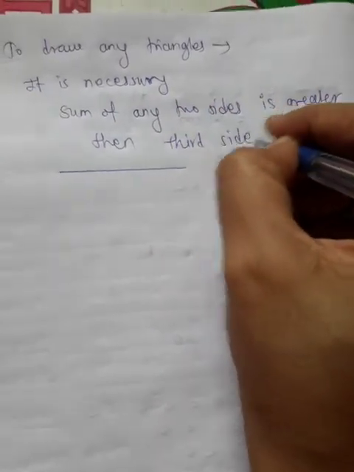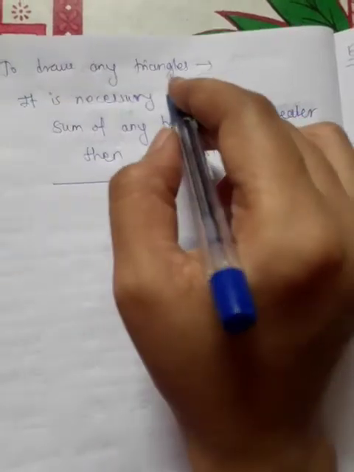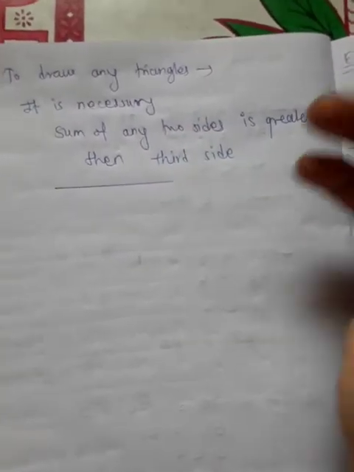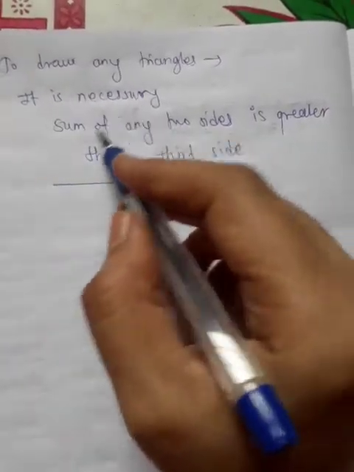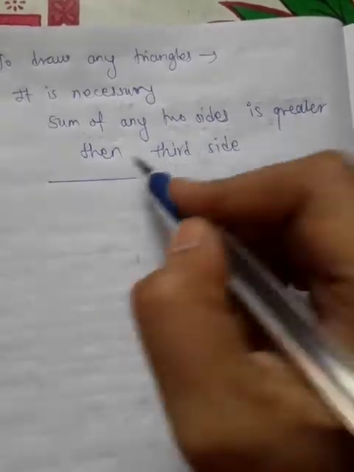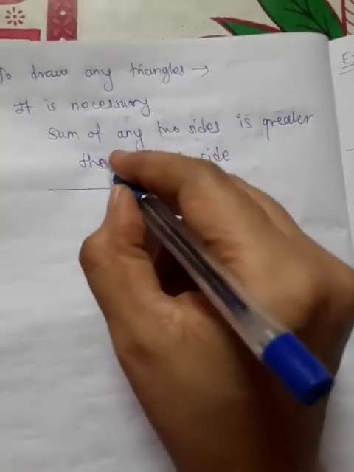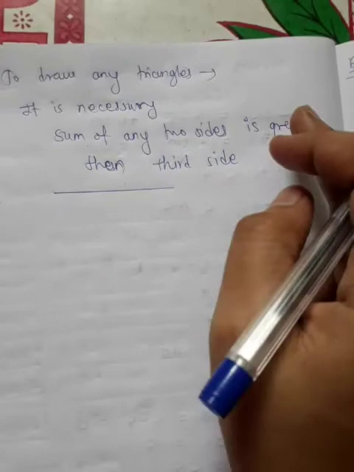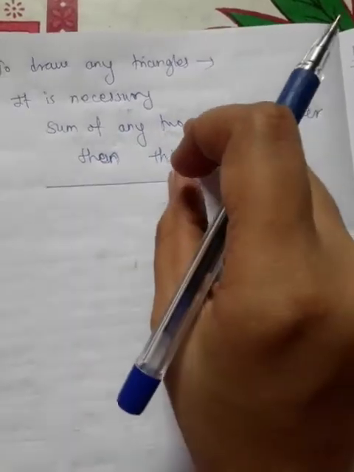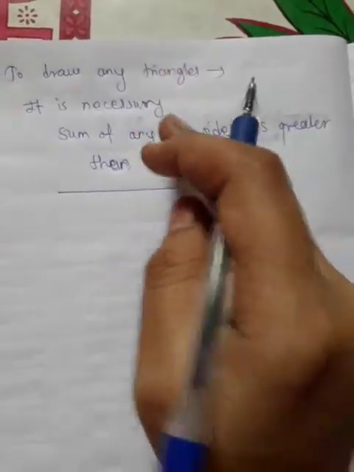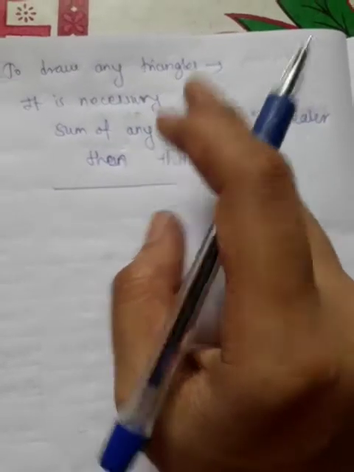Okay, if we have to draw a triangle with three sides, then it is necessary that the sum of any two sides is greater than the third side. And if the sum of any two sides is greater than the third side, then only we can draw a triangle, and if it is not, then we can't draw a triangle.